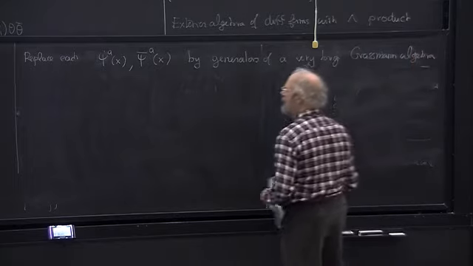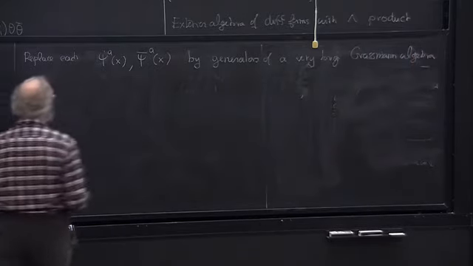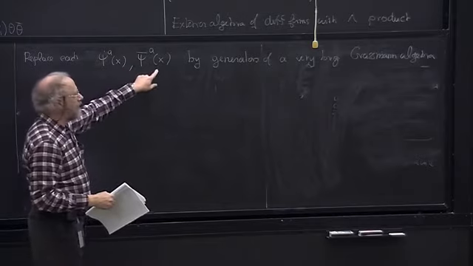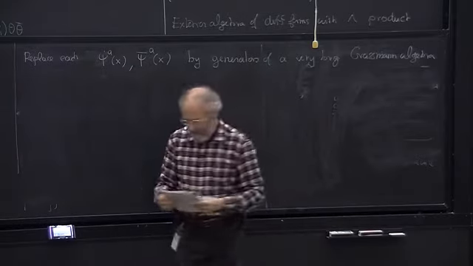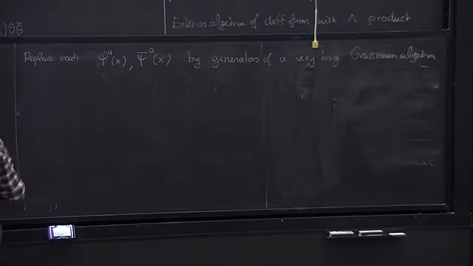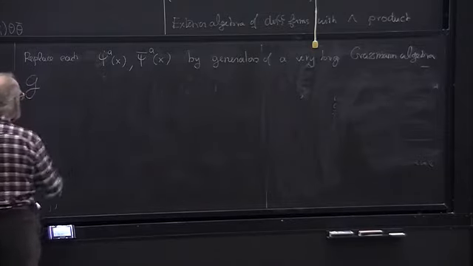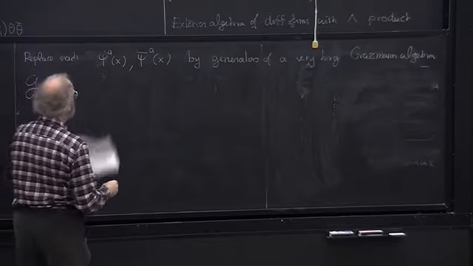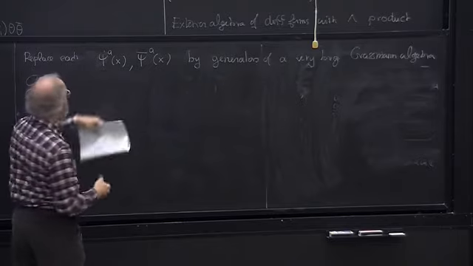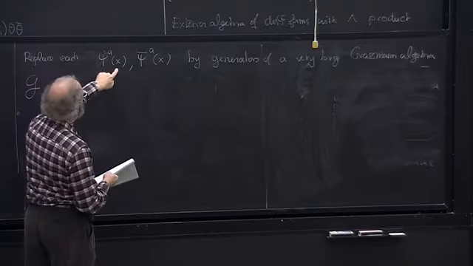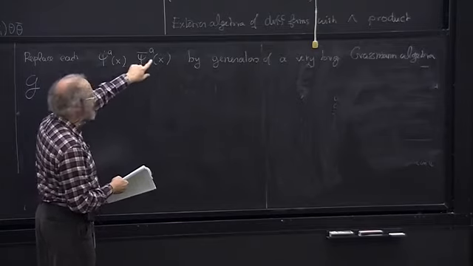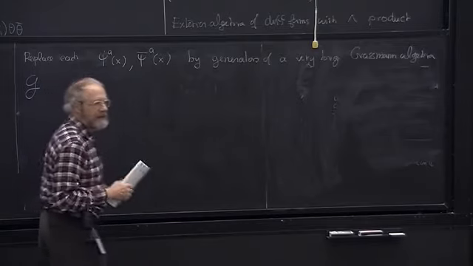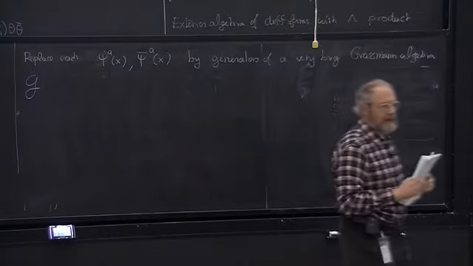Okay, so now each psi a of x and psi bar a of x are generators. So I consider a very big Grassmann algebra, let me call it capital G, with generators, instead of being the theta i's and the theta bar i's, as psi a of x and similarly conjugate psi bar a of x. You see? Yes? For each x, there is a different generator?